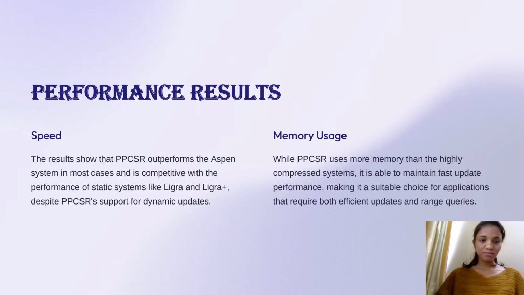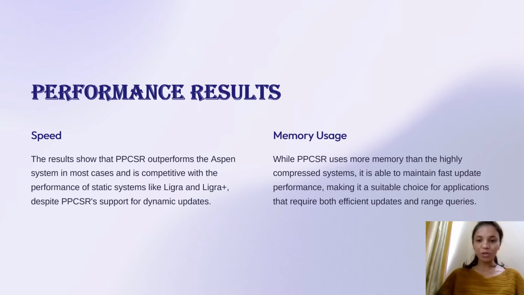Performance results. Speed. The results show that PPCSR outperforms the Aspen system in most cases and is competitive with the performance of static systems like Ligra and Ligra Plus despite PPCSR's support for dynamic updates.